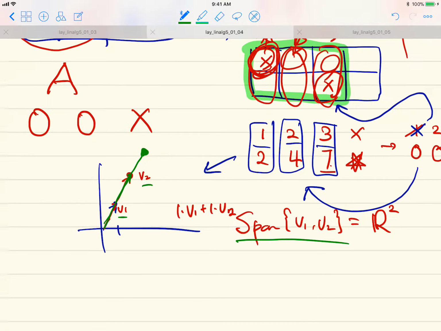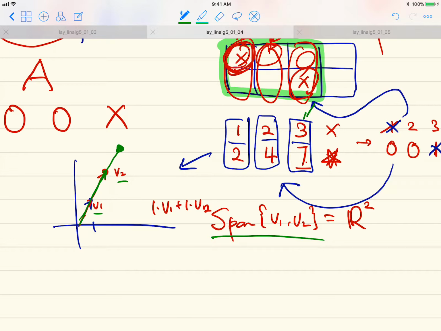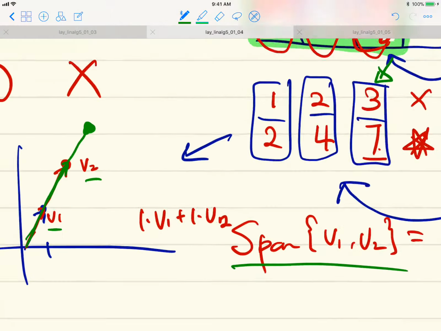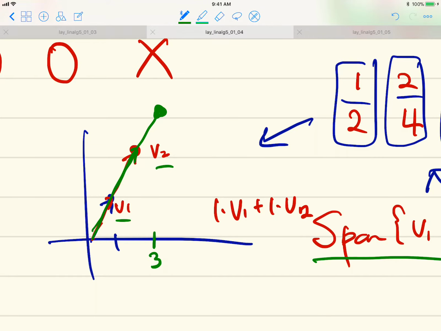But fortunately we have a third vector that has the pivot position, right? So the third vector actually has a pivot position here. In this case, 3, 7 is somewhere like 3, yeah. This was 3, 6, but we have a 3, 7 here, and so now our third vector is something like this, right?